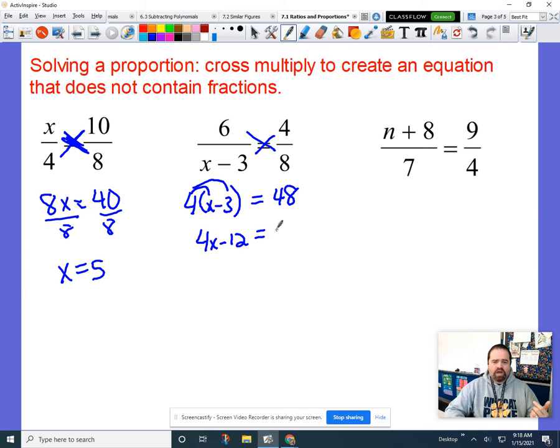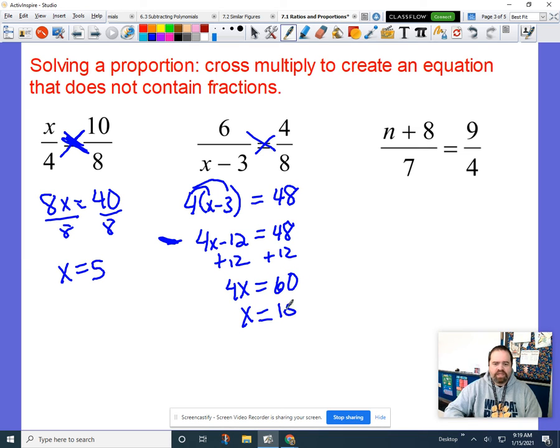Now, if you're comfortable enough with it, you can kind of distribute as you're setting it up. You have 4 times x minus 3, so multiply each part by 4 and kind of jump straight down to this part right here. That's up to you. So adding 12, that's going to give me 4x equals 60. So then x has to be 15 when I divide by 4.